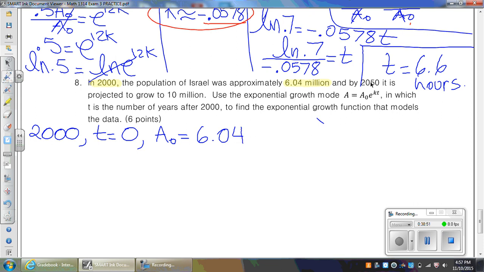Now we have another statement here that it is projected that by 2050 will grow to 10 million. So the year 2050 will equal t equals 50.